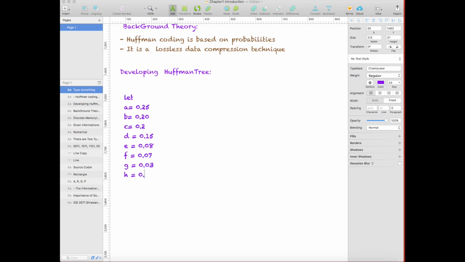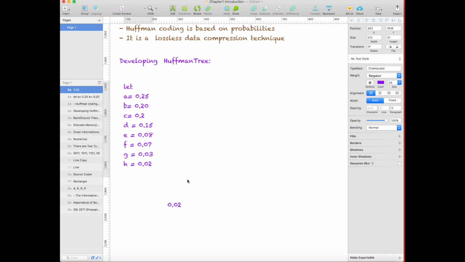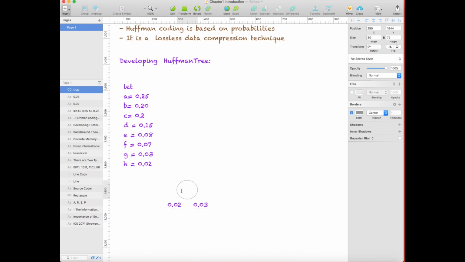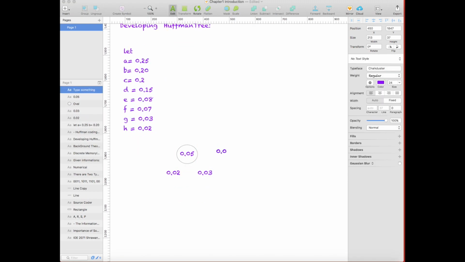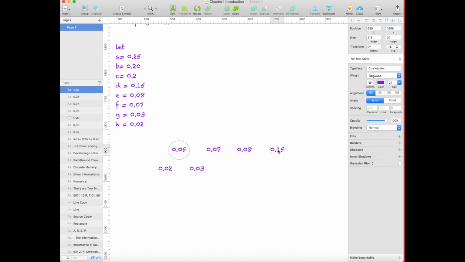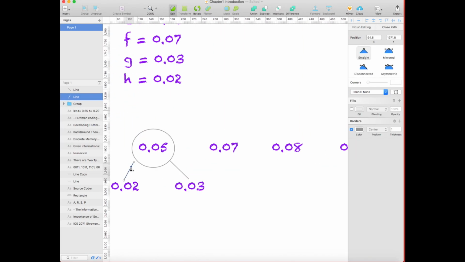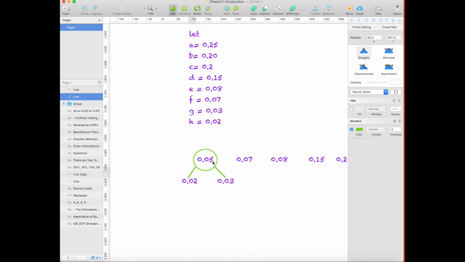A to H be the given probabilities, and in Huffman coding what we do is we sort them in ascending order, and we add the least two probabilities, and then we rearrange the given probabilities.